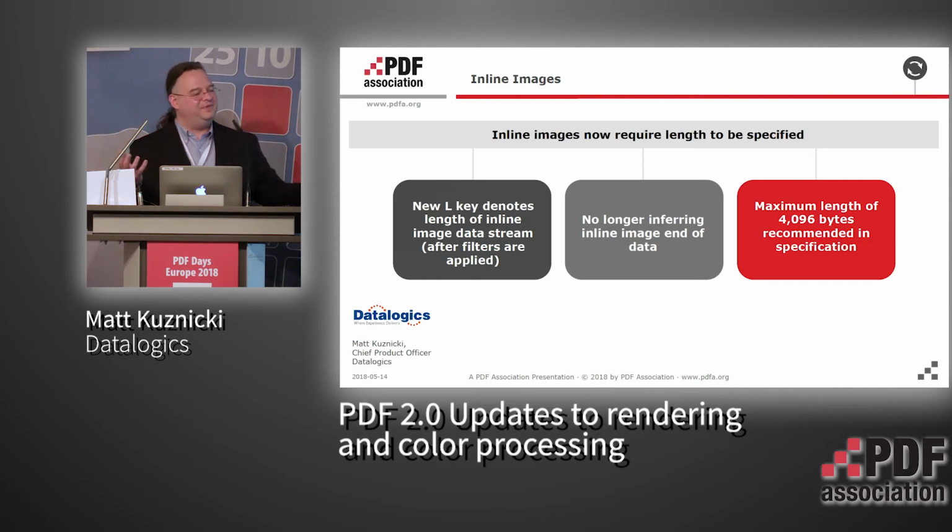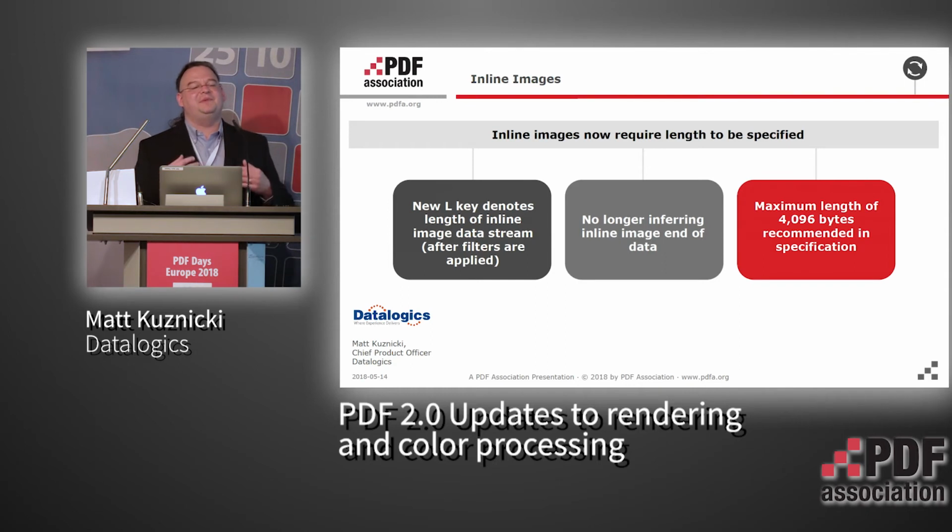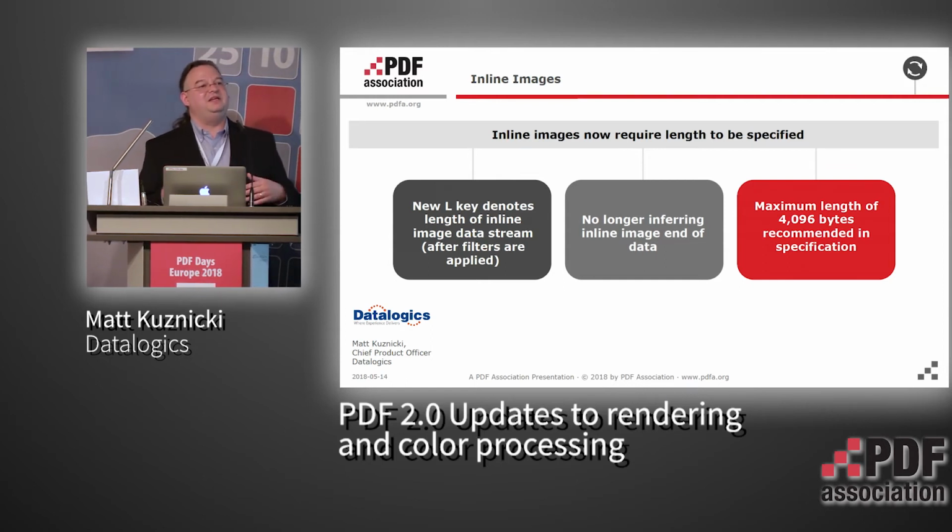We now have, stored in the L key of an inline image, a value that specifies the length of filtered inline image data. So like image XObjects, this length specifies the actual length of the binary data blob that you have in the PDF. It does not specify the decoded length.